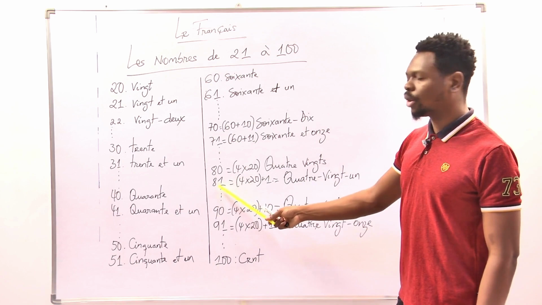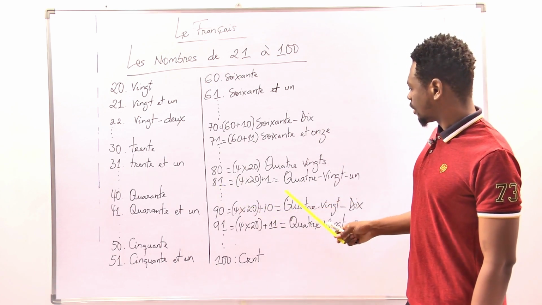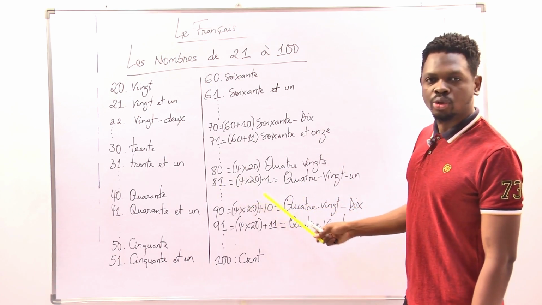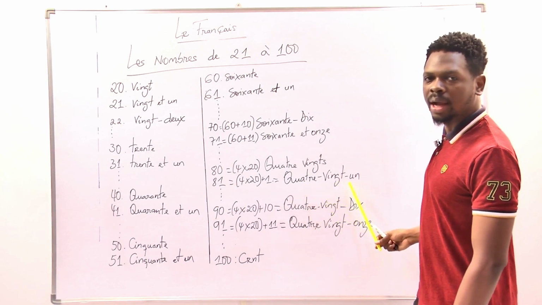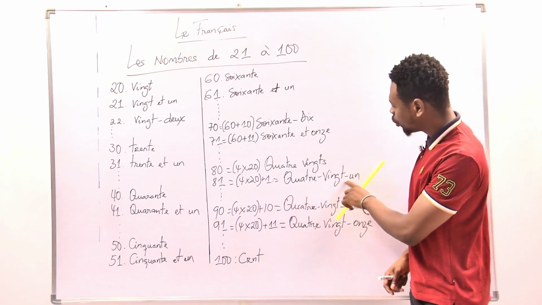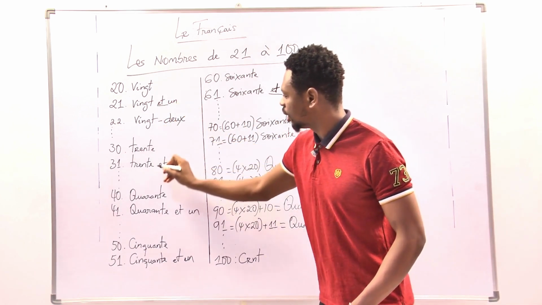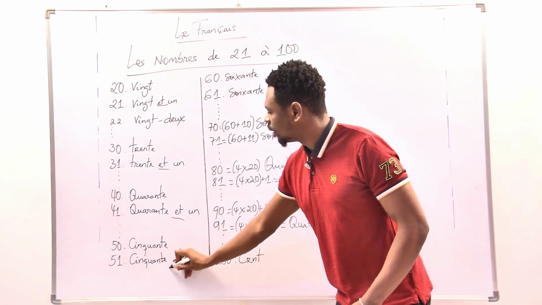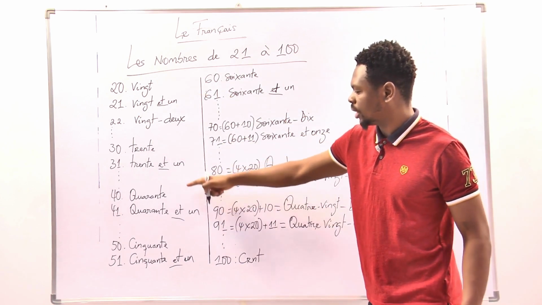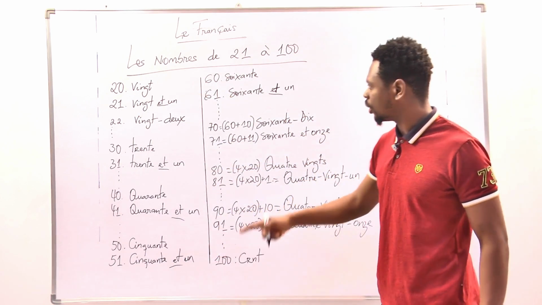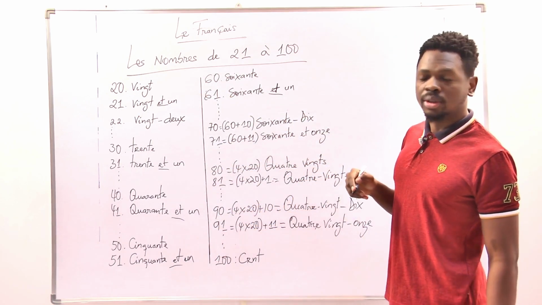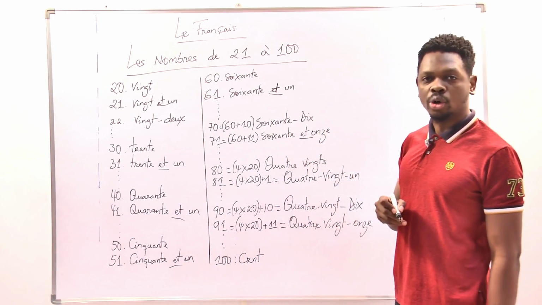So we have 81. 4 times 20, 81. But here we do not put et. Et is only for 21, 31, 41, 51, 61, and 71.